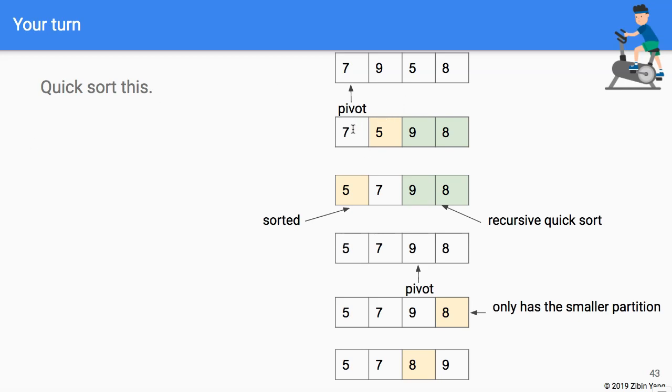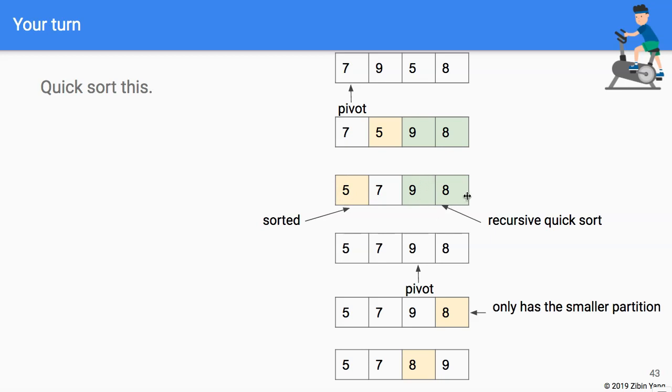So the first thing we do is pick 7 as a pivot, and then we partition the rest of the elements into the smaller partition and the larger partition, right? Now that the smaller partition has only a single element, we apply quicksort on it. It should quickly recognize that it's already sorted.